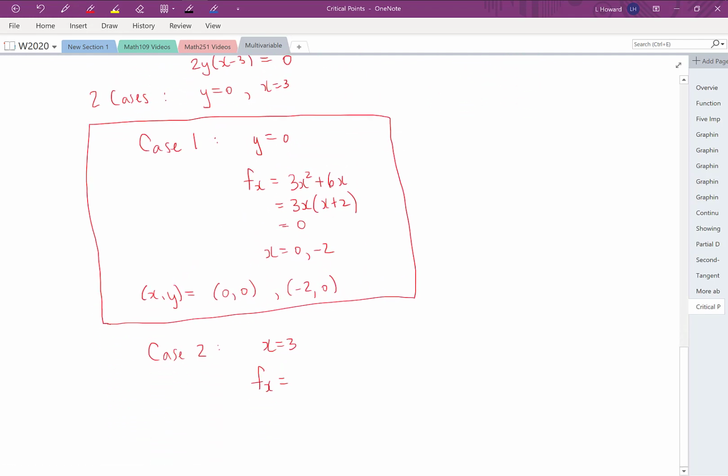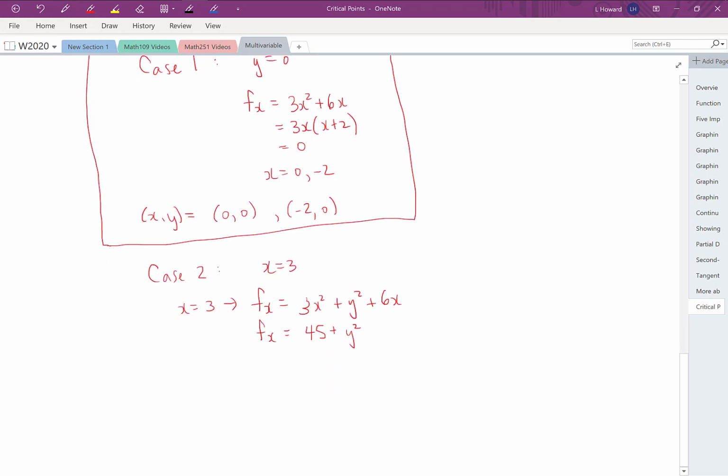It was 3x squared plus y squared plus 6x. Okay, and if we put x equals 3 into this partial derivative, then let's see what f sub x becomes. So just substituting 3 into the x values here, we'd have 27 plus 18, which would give us 45. So we'd have 45 plus y squared.